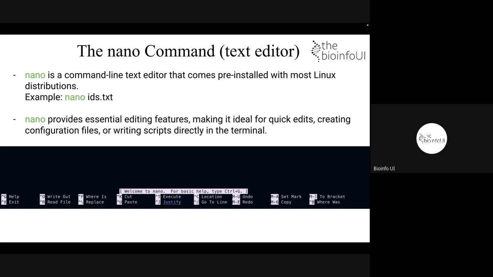It has lots of editing features, not just like your normal text editors like Microsoft Word. The same way you can find, replace, cut, paste, justify, and do lots of other things, you can still do it with the nano command, and this is still the major text editor for writing scripts.